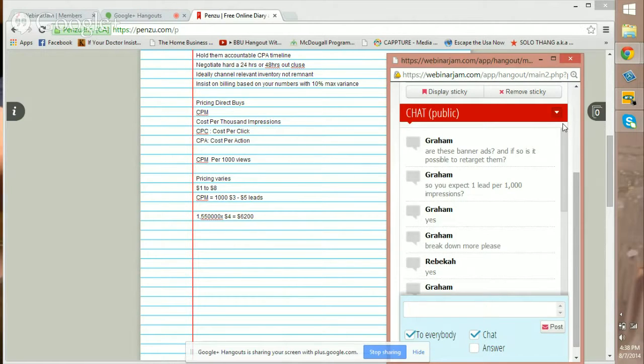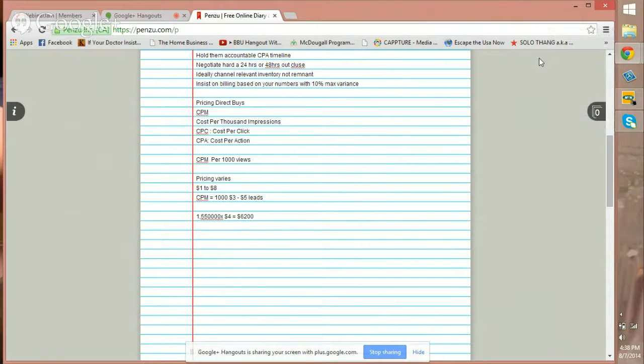So yes, they are banner ads. Once the leads are yours, you do whatever you want with them. You can retarget them, you can do anything you want. So why do people go to places where they risk hundreds of thousands? Because once you've got a relationship with them, you get access to something even better.